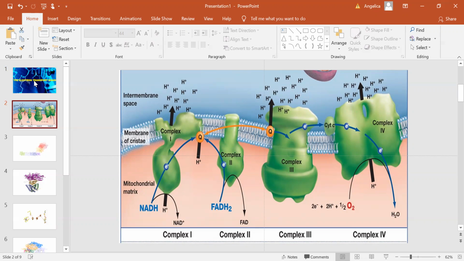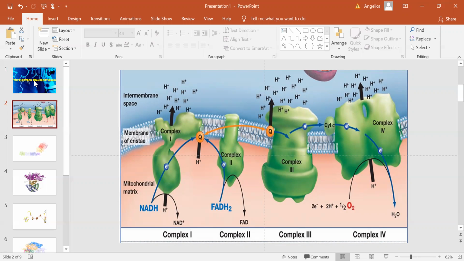Each of the complexes moves electrons along a path within its structure formed by a series of its redox-active prosthetic groups, spaced through the structure in precise intervals and orientations with respect to one another.